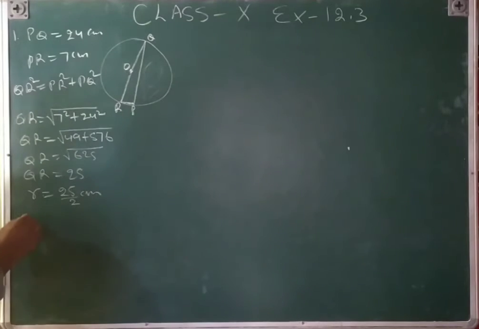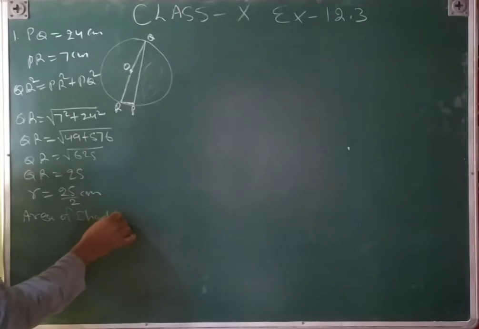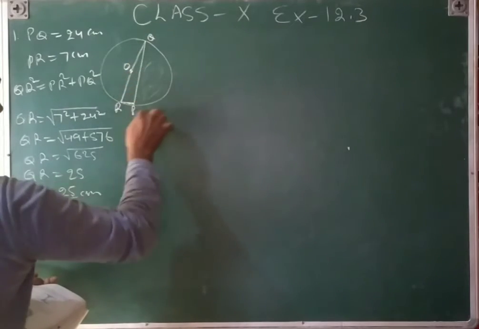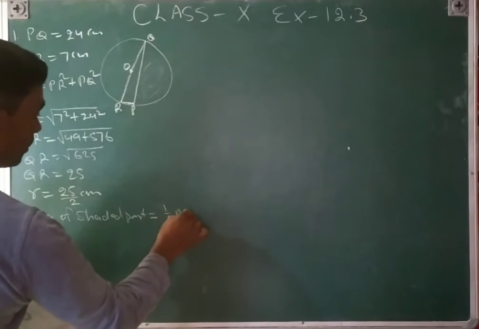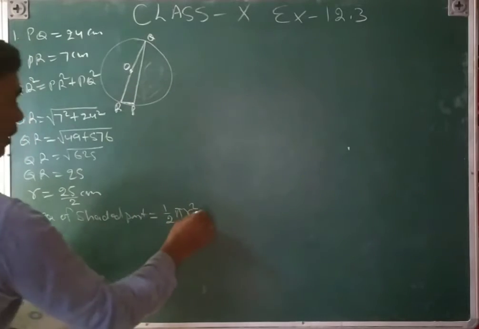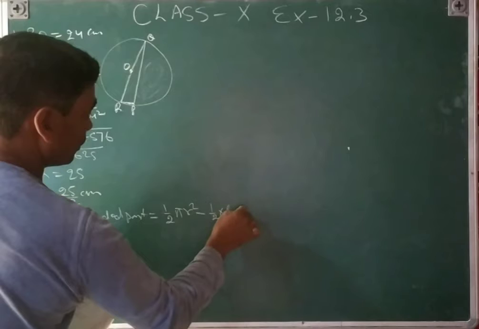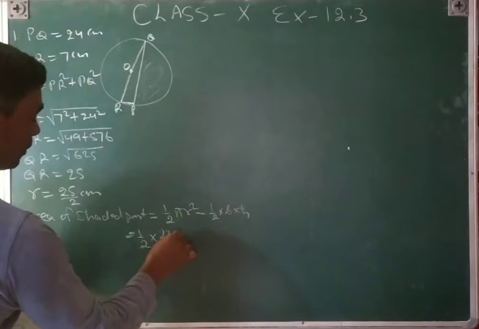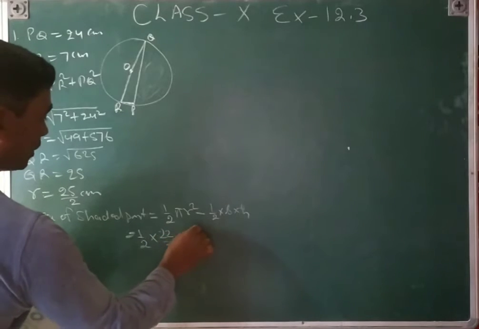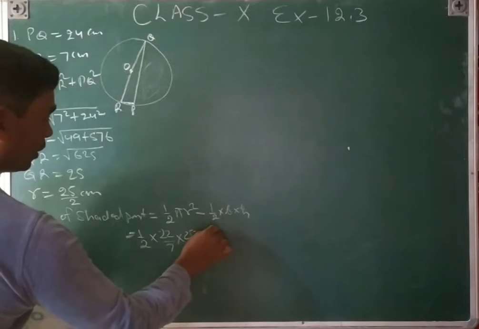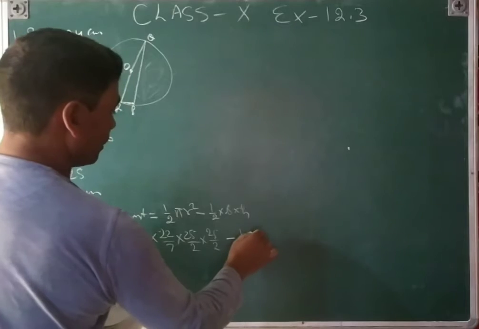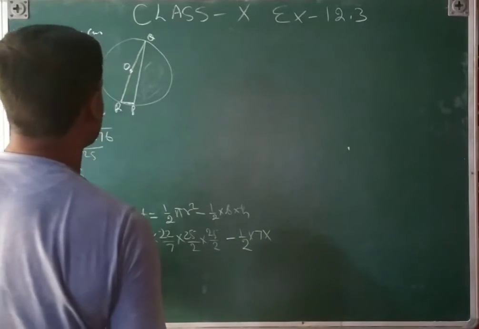So area of shaded part is equal to area of semicircle, 1 upon 2 pi r square, minus area of triangle, 1 upon 2 into base into height. So 1 upon 2 into 22 upon 7 into r, which is 25 upon 2 into 25 upon 2, and then minus 1 upon 2, base will be 7 and then height will be 24.